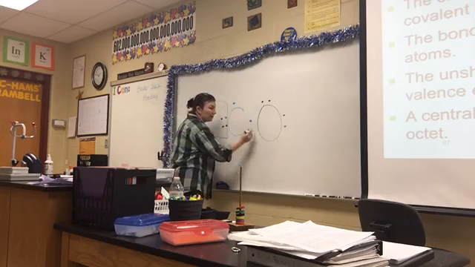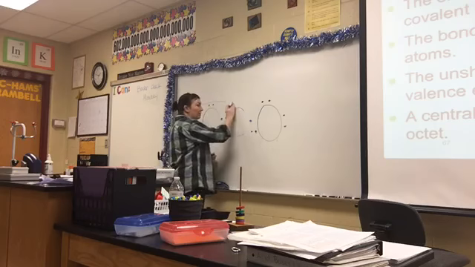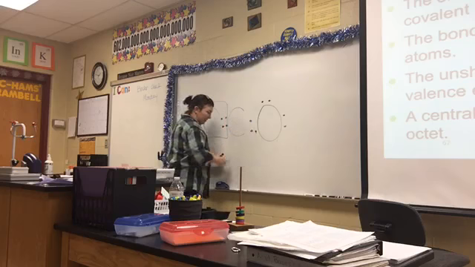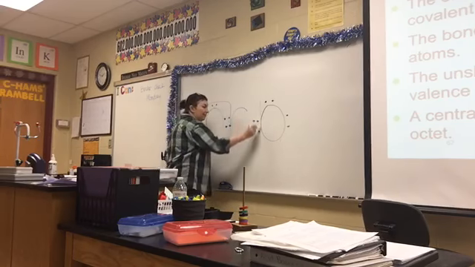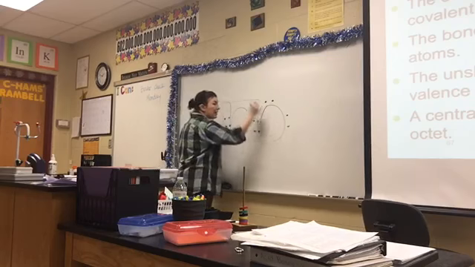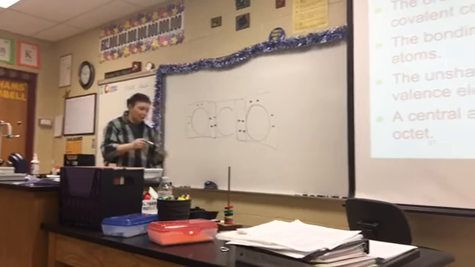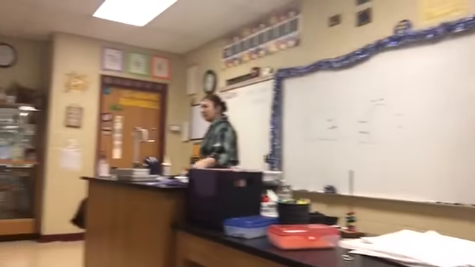I'll move this electron up there and this electron here. Now carbon has 8. Oxygen has 8. We can use these Lewis dots to help us understand how these things are going to bond together.